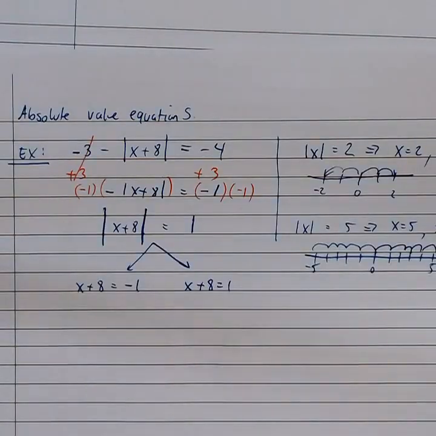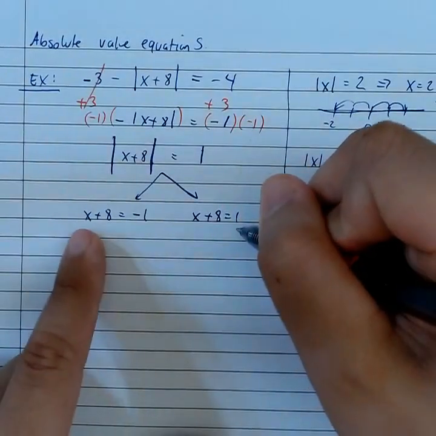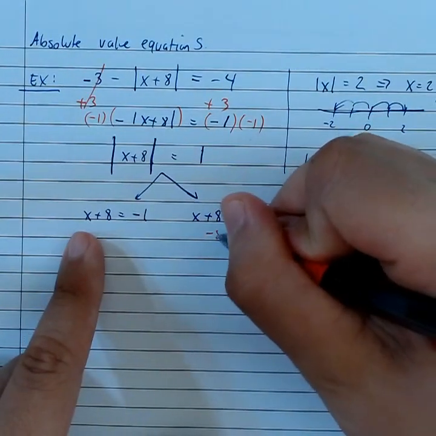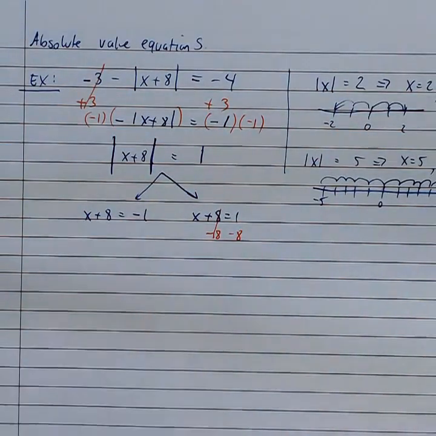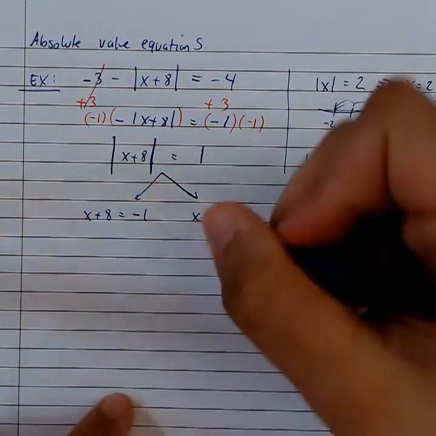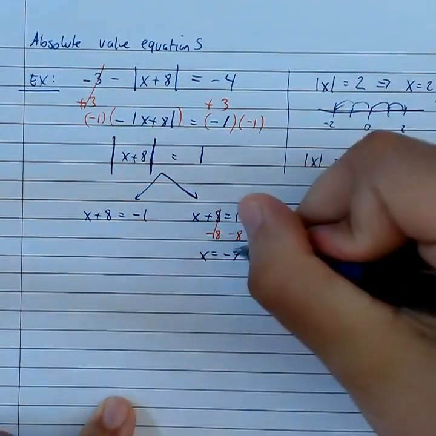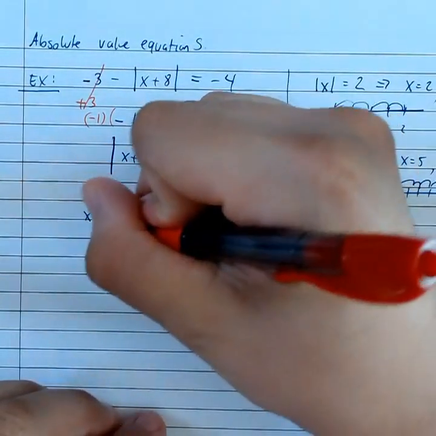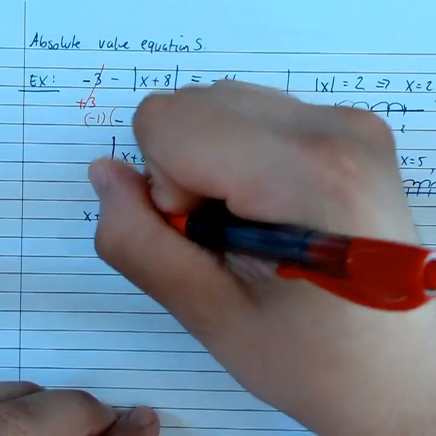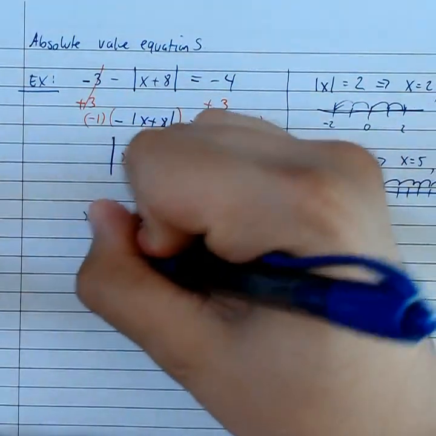And so now I can solve each of these on their own. Notice that each of these is a simple polynomial equation. I can subtract 8 from both sides there, and that's going to give me x equals negative 7. All right, 1 minus 8 is negative 7. On the other side here, I can subtract 8 from both sides. And negative 1 minus 8, well, that'll be a negative 9.